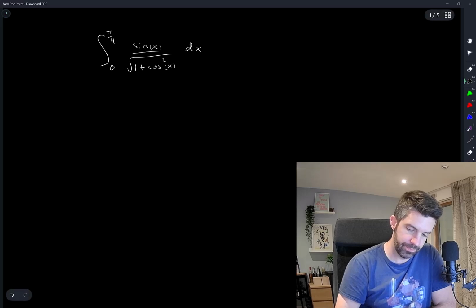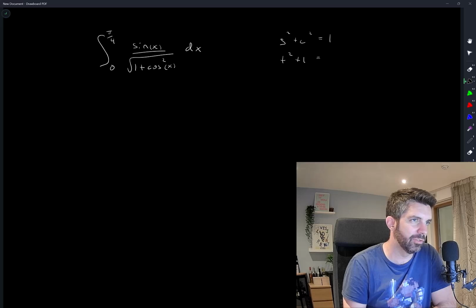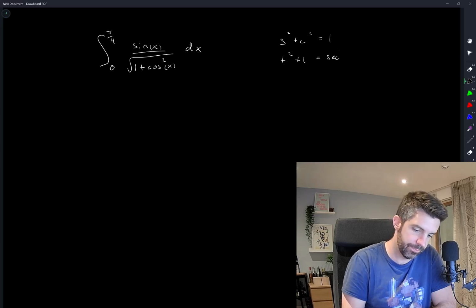I'm going to write down briefly some of the Pythagorean substitutions we can make here. If I divide by sine squared, well, no, let's divide by cos squared. So we have tan squared plus 1 is equal to, what's 1 over cosine, secant. I don't think that's going to work in any way.